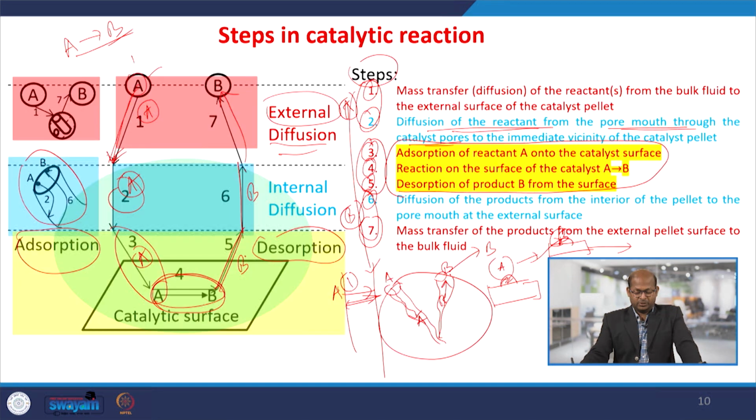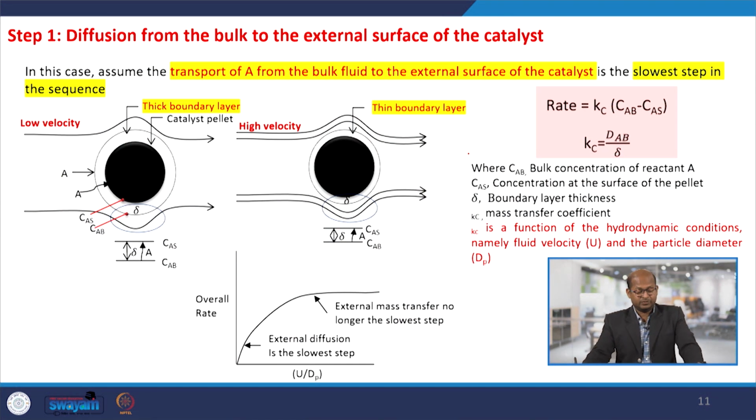Whenever we are going to discuss adsorption of reactants onto the surface of the catalyst, before that we need to discuss the diffusion from the bulk to the external surface of the catalyst, that is very important. Here that depends on the flow rate of the reactants passing through the bed or surface of the catalyst.